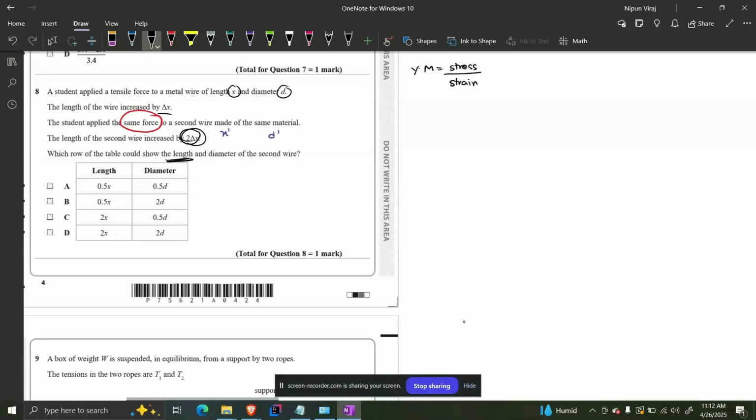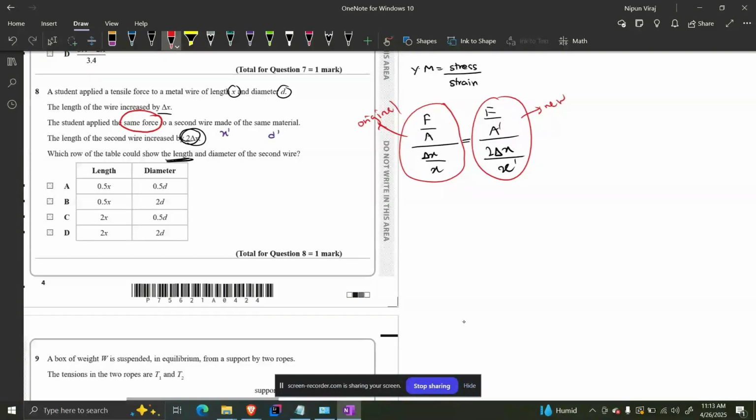So we can say f over a divided by delta x over x equals f over a dash divided by 2 delta x over x dash, because this is our original wire and this is the new wire, right?